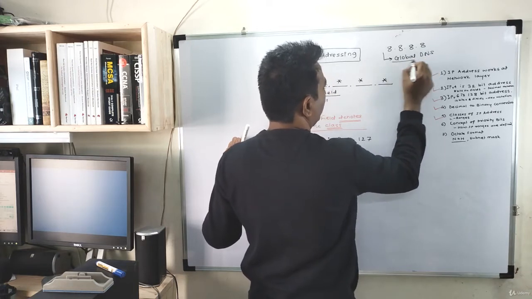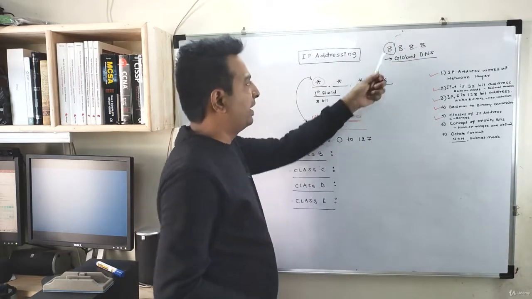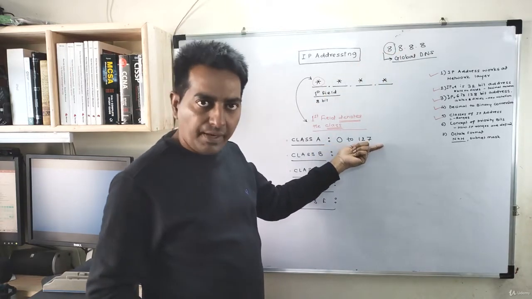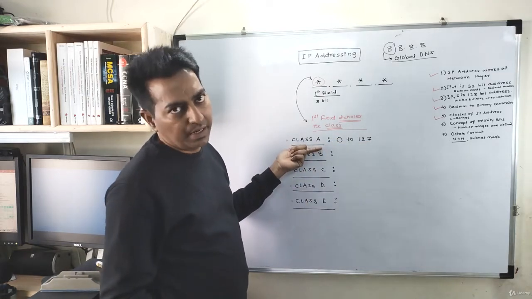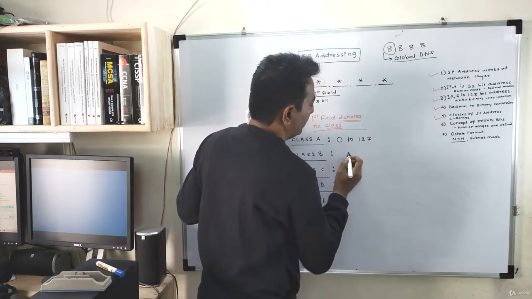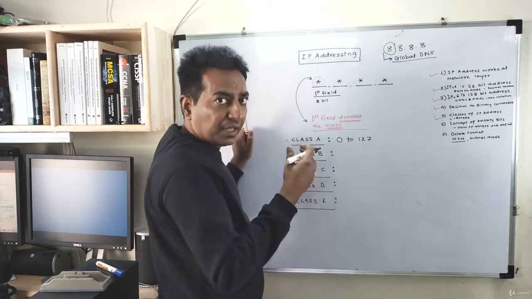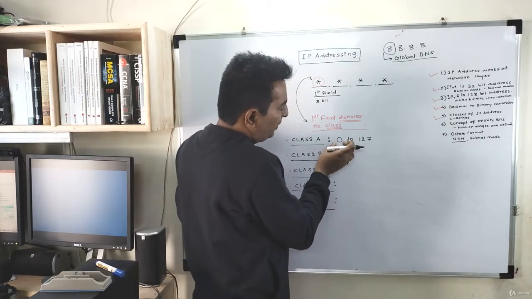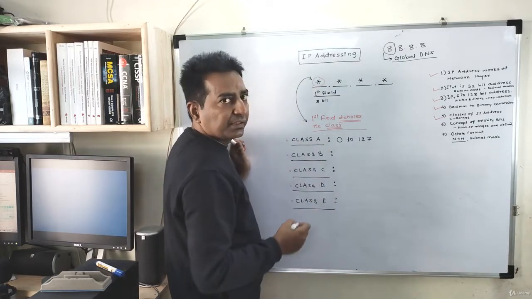Looking at this IP address, you can easily find the first field, which is 8, and if that number 8 falls between the 0 to 127 range, then you can call that address a class A address. These are calculated figures. There are exceptions as well, we'll discuss them later. But if you see a number between 0 to 127, you need to know that this is a class A address.